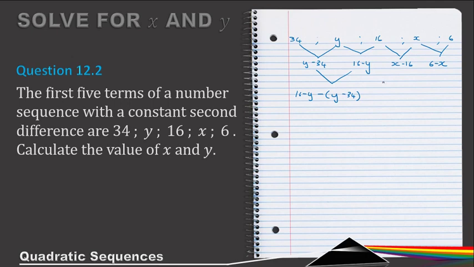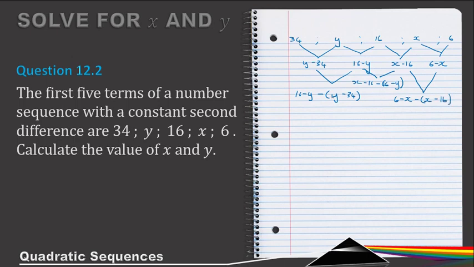Remember your brackets. And then over here, we have x minus 16 minus (16 minus y). And then there we have 6 minus x minus (x minus 16).